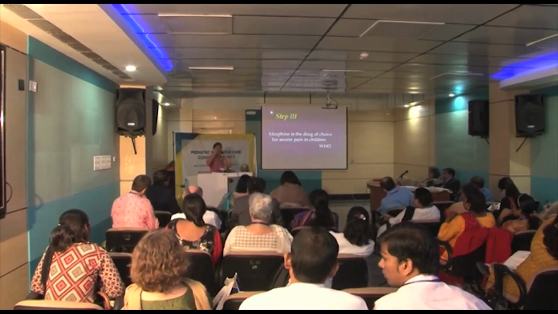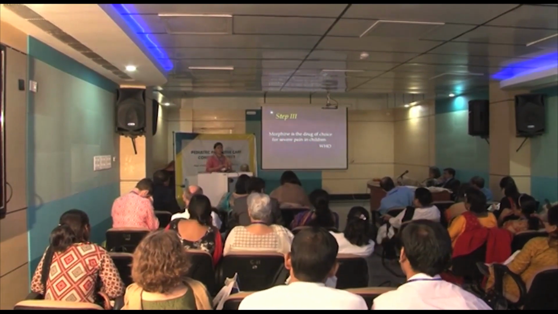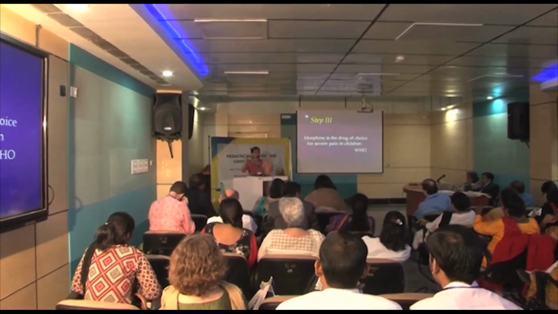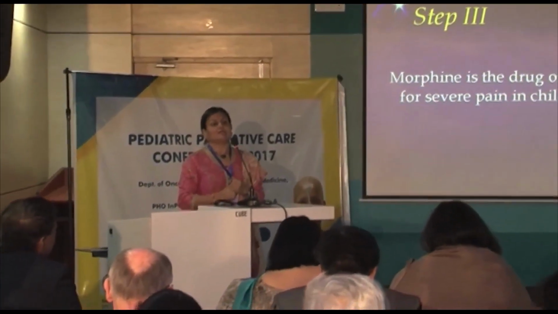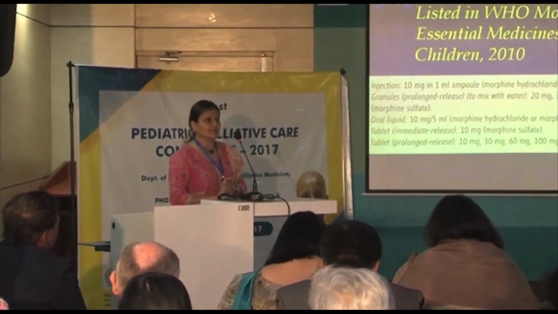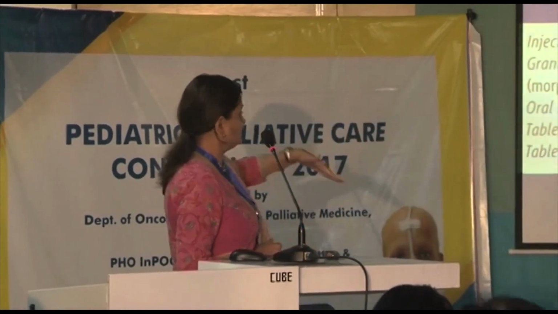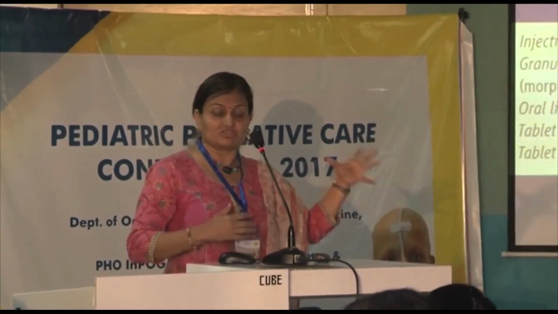But the point is that Dr. Hariprasad spoke about so much need even for non-cancer. And our previous speaker spoke about even non-cancer pain. Pain is there in every chronic persistent situation. And morphine is the drug of choice. And the World Health Organization has an essential drug list, and they have all these formulations very well defined in their essential drug list for children.